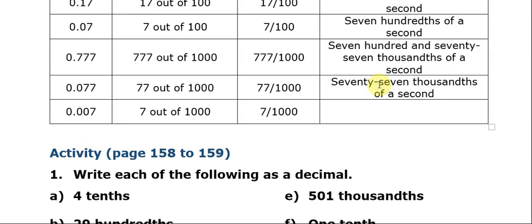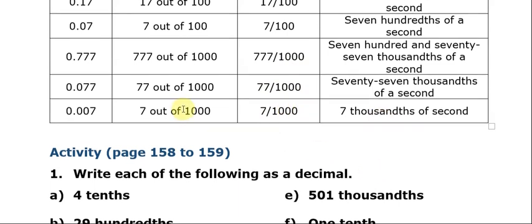And this one would be 7 thousandths of a second. Alright, so pretty much what you're doing is pronouncing the fraction, how the common fraction would look. 7 thousandths, and in our context, of a second.